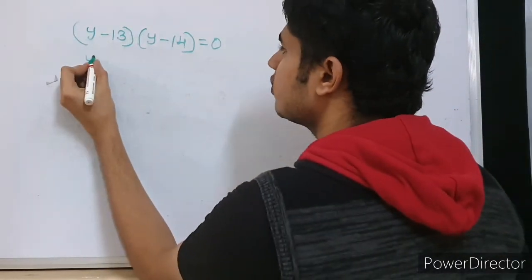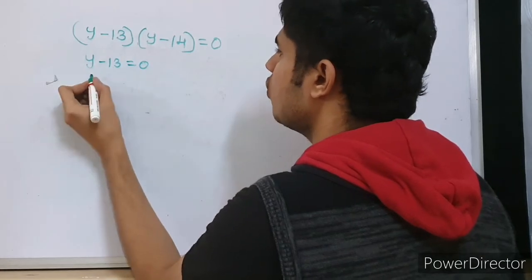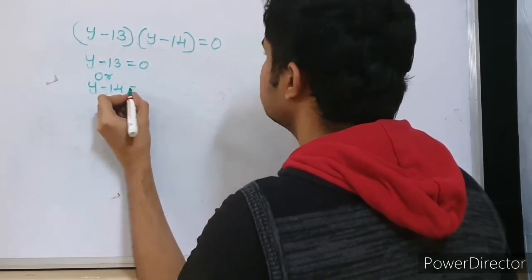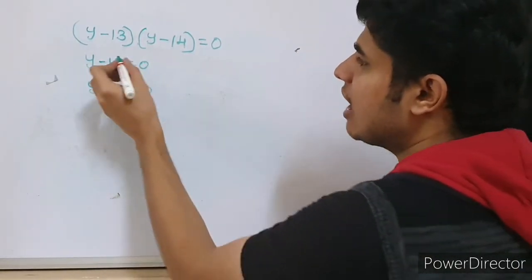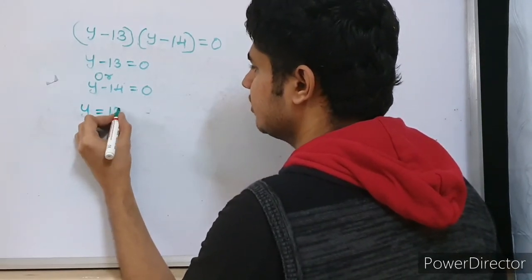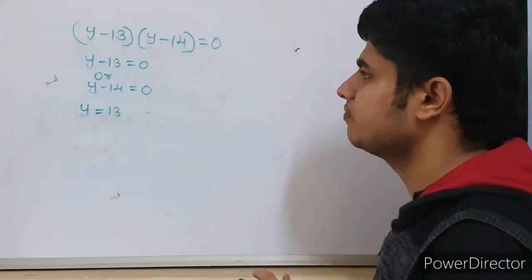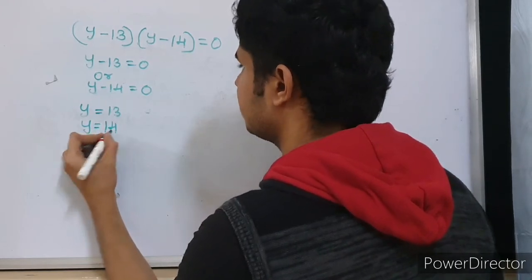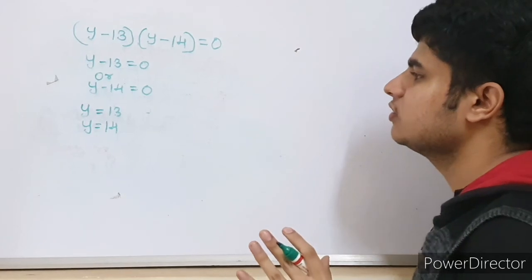So that means y minus 13 should be 0 or y minus 14 should be 0. If y minus 13 is equal to 0, then y will be 13. 13 will go to the right hand side and it will become positive. Or y will be 14.